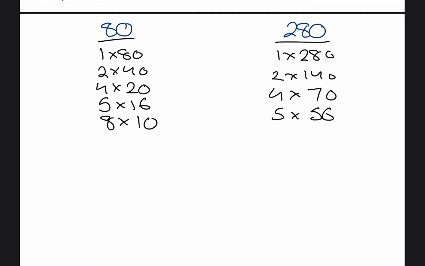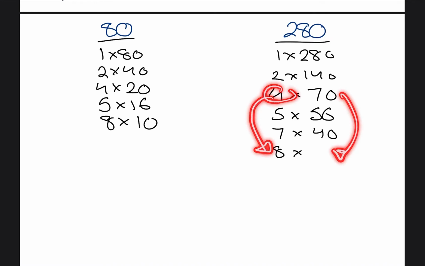No, I am using a calculator now, so please do feel you may use a calculator. 7 times 40, yep, that's the same as 7 times 4, which is 28, and then times it by 10. Right, does 280 go into the 8 times table? Yes, it does, because we can see here there's 4, we double it and halve this, it would get us the same multiplication, or same answer, I should say.